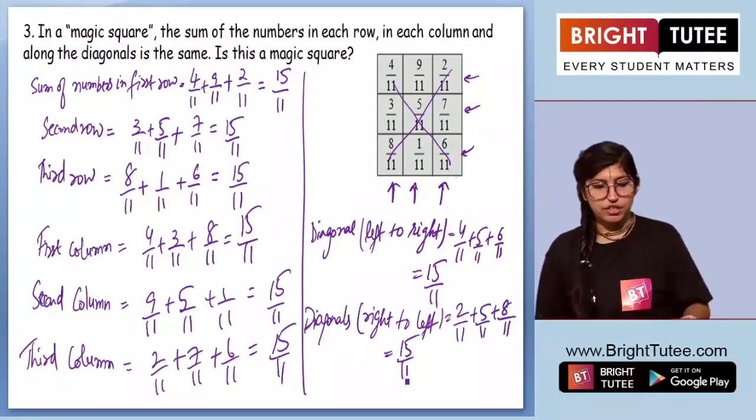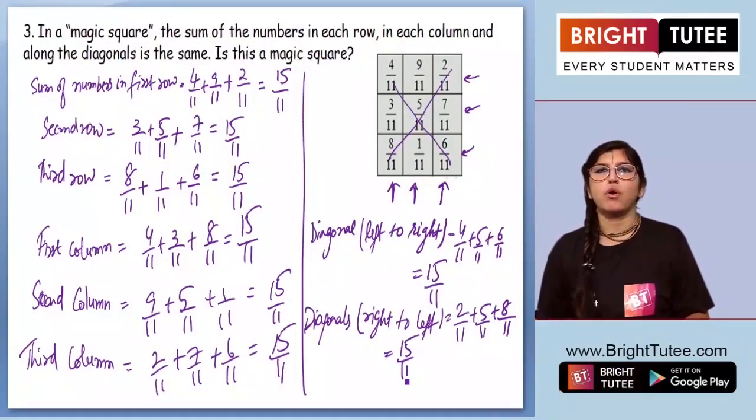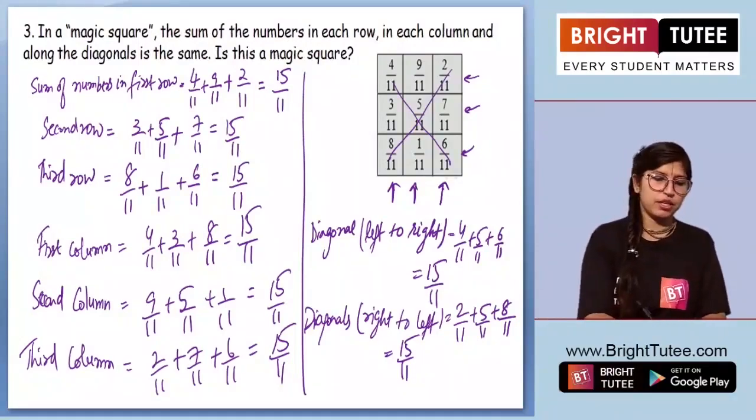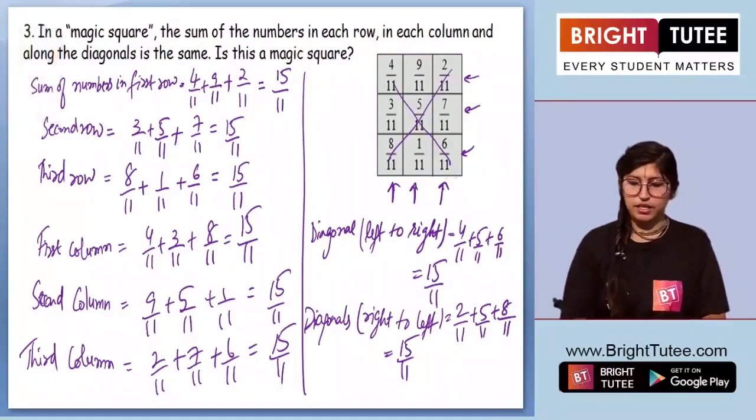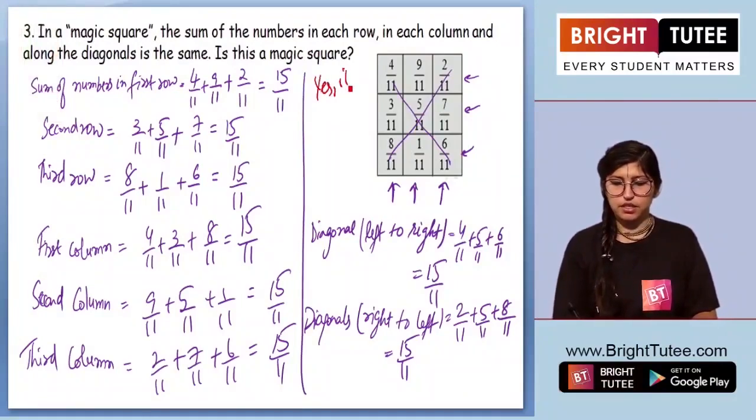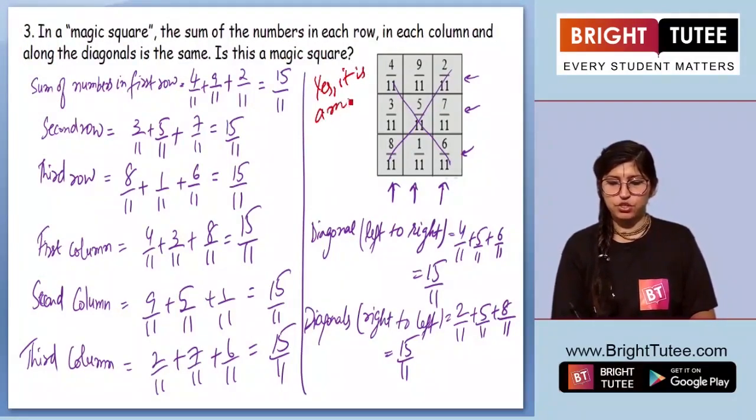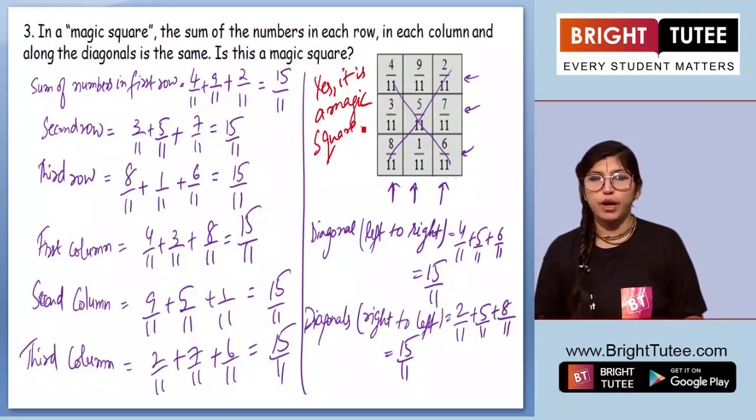So now if you can see the sums of all the rows, columns and diagonals are exactly the same, then we can say that it is a magic square.